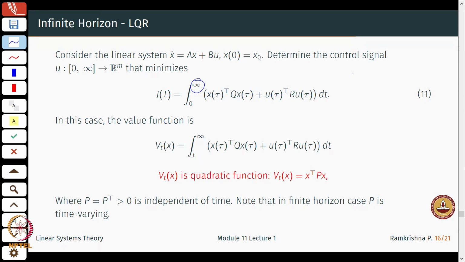So this is the case of infinite final time, and that t_f is infinity, and then the final cost term may not have any interpretation, may not have any realistic sense.